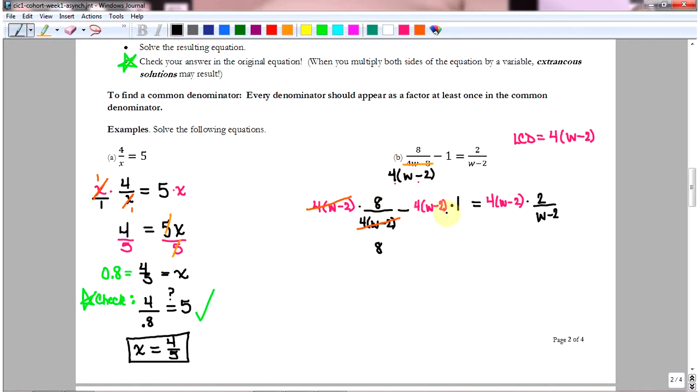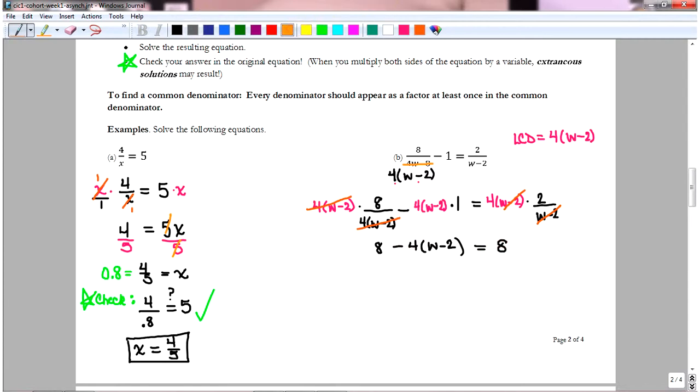Okay, in our second term, we don't have any fractions, so we have 4 times w minus 2 times 1. So 1 times anything is itself, so we have that negative 4 times w minus 2. On the right side, the w minus 2's cancel, and we're left with an 8. Okay, so now we're ready to simplify.